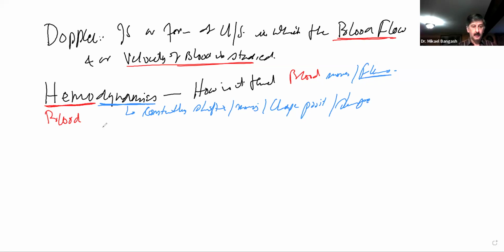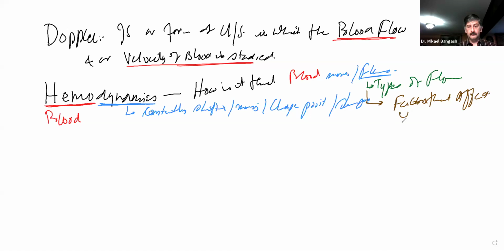When we talk flow, we will then say what are going to be the types of flow? Likewise, we will also be talking about what are the factors that affect the flow. Is that clear?